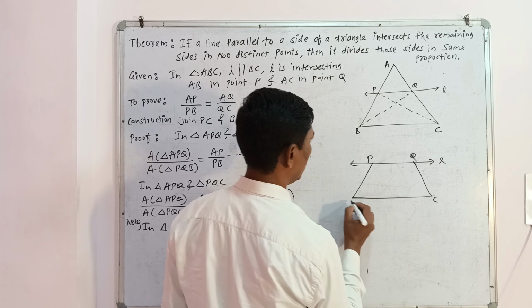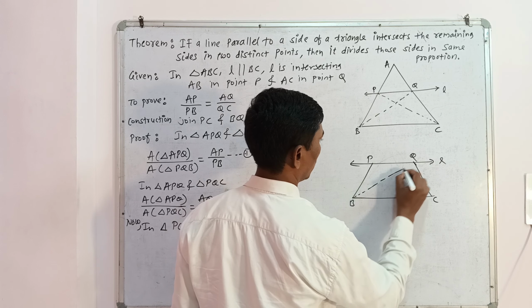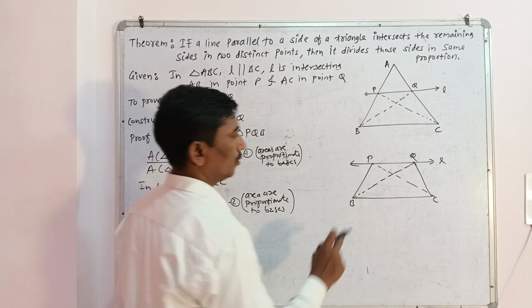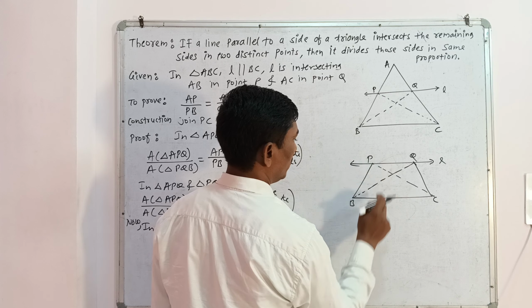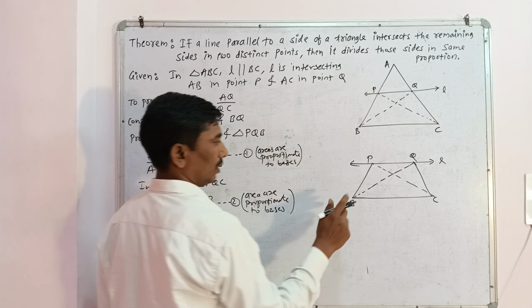And there is point C, there is point B, and the triangles are like this. So this is PQB, and this one is PQC. Okay, so you know that line L is parallel to BC, which is given already. So this is nothing but a trapezium. PQCB is a trapezium, and so for these two triangles the heights will be the same, because heights are nothing but the distance between these two parallel lines.